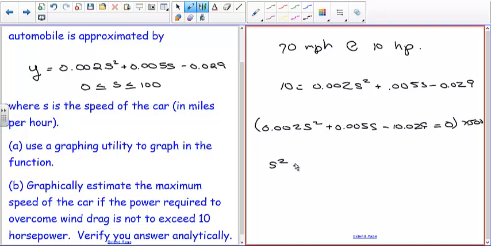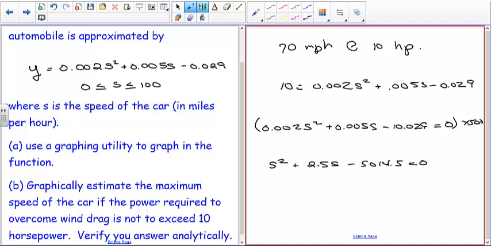Then 0.005 times 500 gives us 2.5 s. And 10.029 times 500 will be minus 5,014.5. These functions have the same zeros, because if I factored out 0.002, I'd have 0.002 times this.